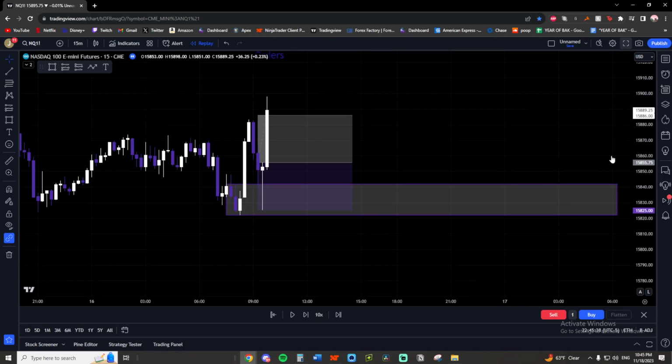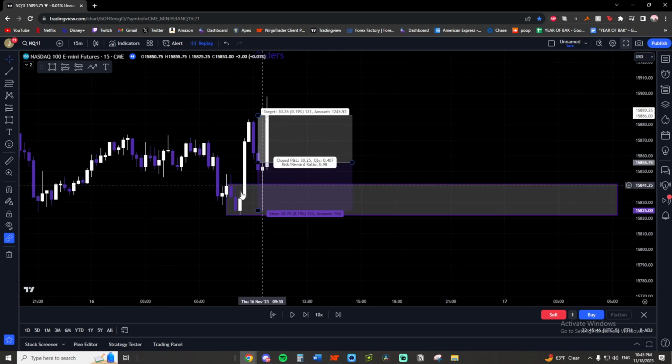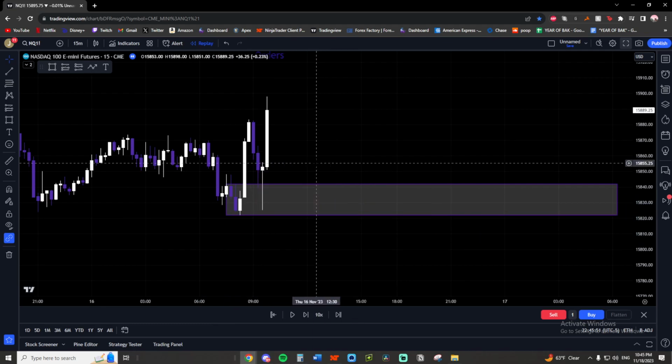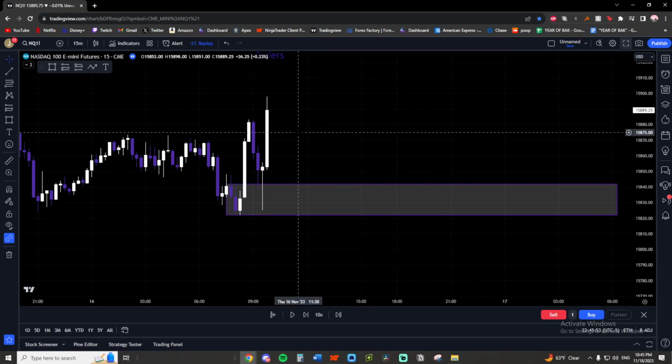So what you see here, you see break of structure to the upside, creating a zone, and then price coming back into that zone, taking the liquidity and going up. You're seeing picture perfect here how the market moves and why it moves. All right. So if you have any questions about liquidity, I might have overcomplicated this concept.